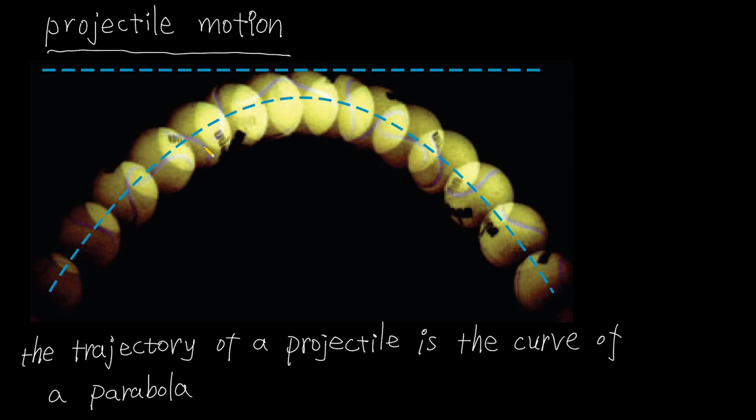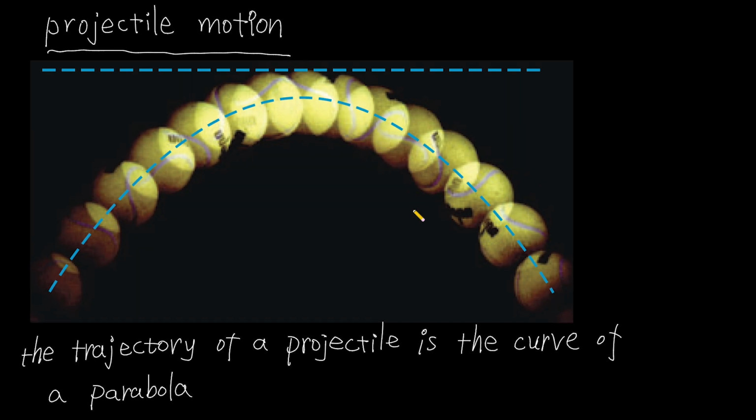Using here, the trace shows that it is the curve of a parabola. In fact, it is not a perfect parabola because of the effects of air resistance and Earth's rotation. For now, we do not consider the air resistance and the Earth's rotation.